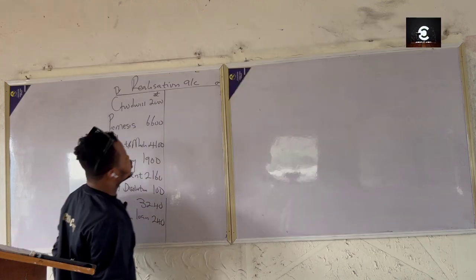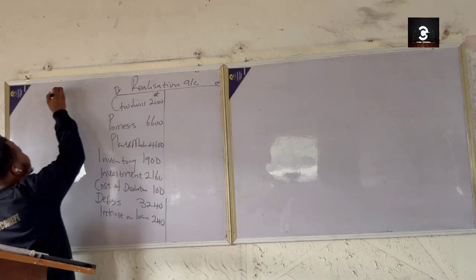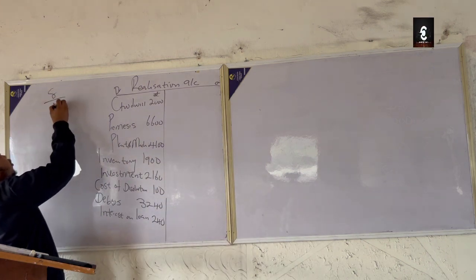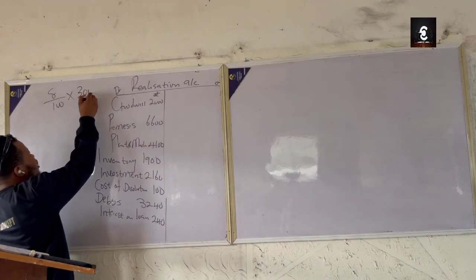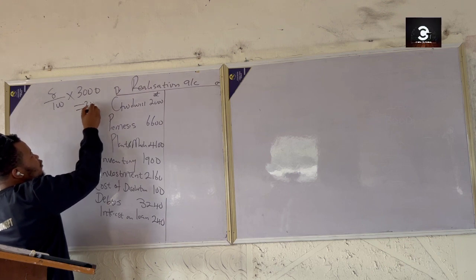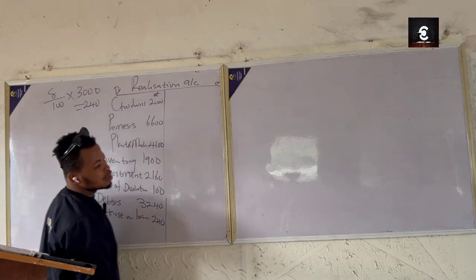How do we get this 240? The examiner says it is 8%, 8 over 100, and the loan is 3,000. So 8% of 3,000 will give us 240. That's how we get to the 240.